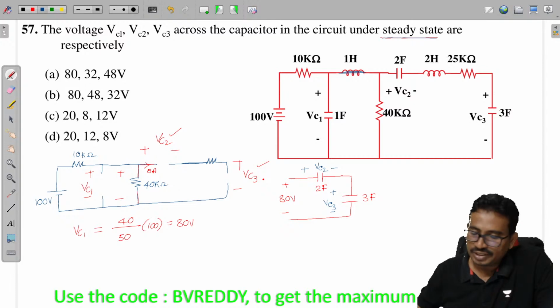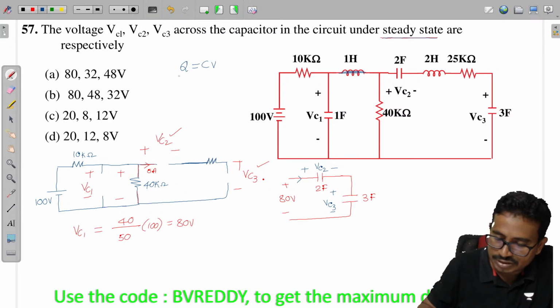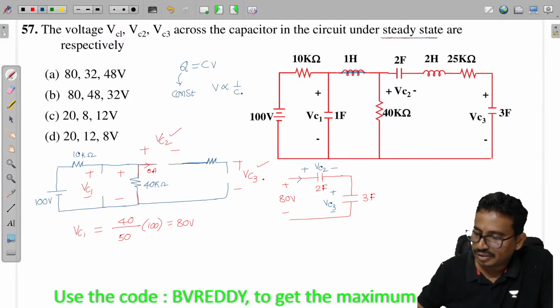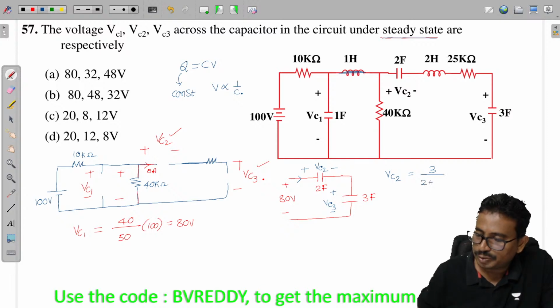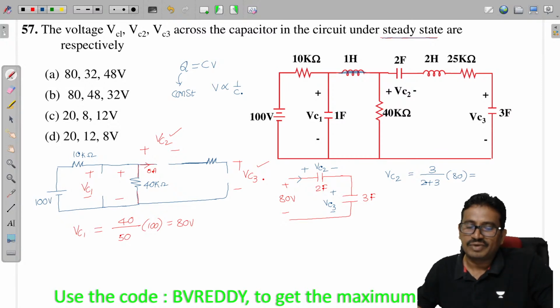Now let us apply the VDR again. Capacitor case VDR, as we know, Q is equal to C into V. For a series connection of these two capacitors, Q is constant, so voltage is proportional to 1 by C. So VC2 means we should take the opposite capacitor: 3 by 2 plus 3 into 80, that is 3 by 5 into 80.